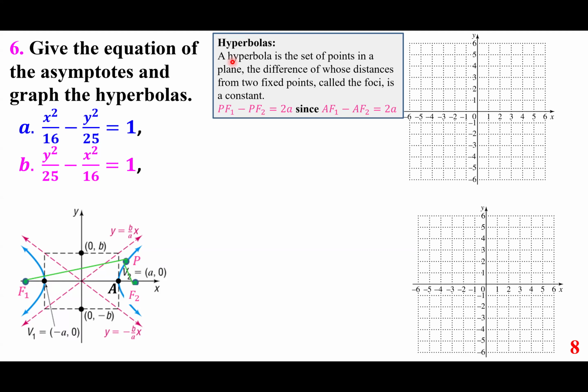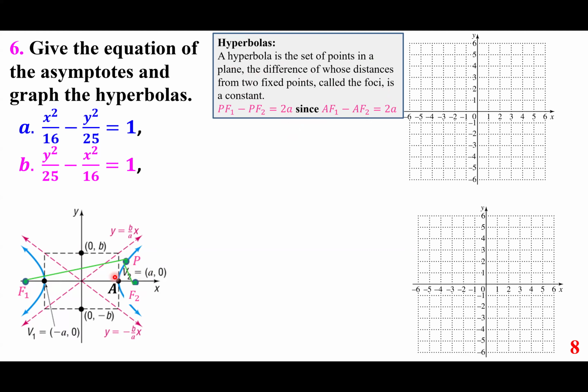Here's the definition. A hyperbola is a set of points in a plane, the difference of whose distances from two fixed points called the foci is a constant. If you pick a point P and you connect it to the further focus F1, minus connected to the closer one, PF2, this is equal to 2A.